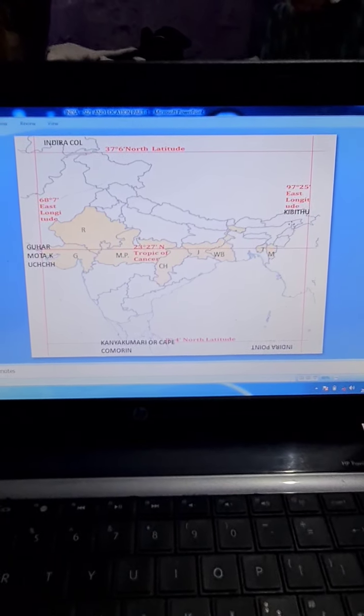Now if we closely observe the points, the northernmost, easternmost, southernmost, and westernmost: the easternmost point mentioned is Kibithu, which lies in the state of Arunachal Pradesh.